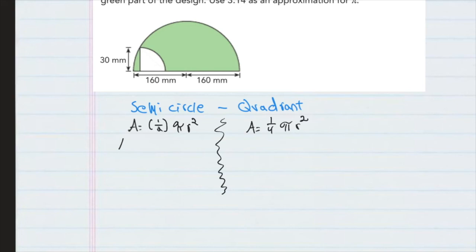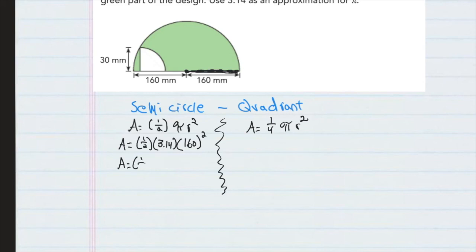So we've got the area equals 1/2. We're using 3.14 for pi. Okay, and a lot of these problems will tell you what to use for pi. And then we've got the radius squared. So the radius of this semicircle is 160. So it's the radius squared, and we keep on simplifying.